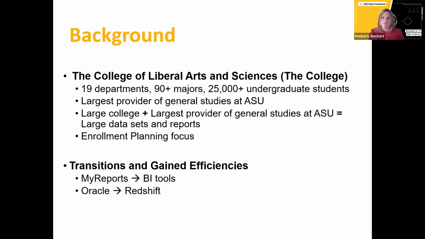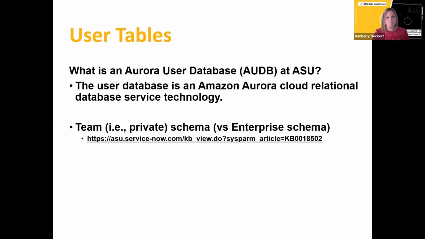We have a lot of, I'll say non-technical users who were used to kind of bopping around in my reports and now aren't as comfortable with the new tools, nor should they be. That's just not the scope of their role. So anytime we can create ways for them to access data on their own, it's a win for us. And so that, again, user tables plays into that as well.